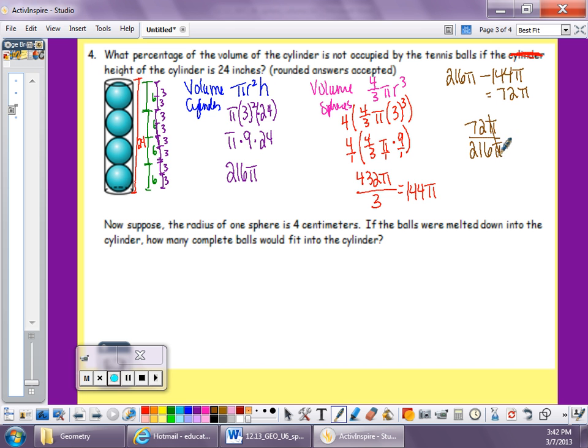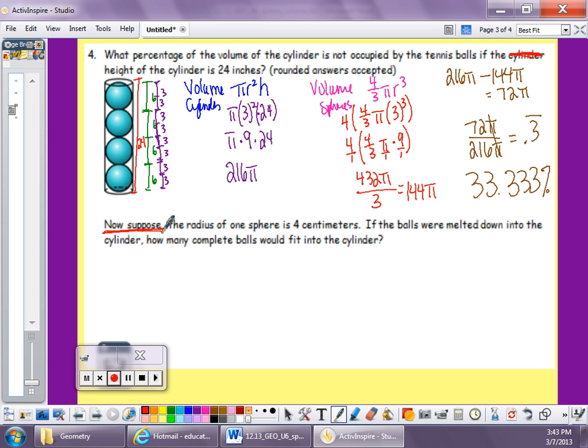I can cancel out my pi's, and 72 over 216 actually is 0.3. So this will be 33.333% as we round to the thousandth. Yours doesn't say this, but I incorporated this later.